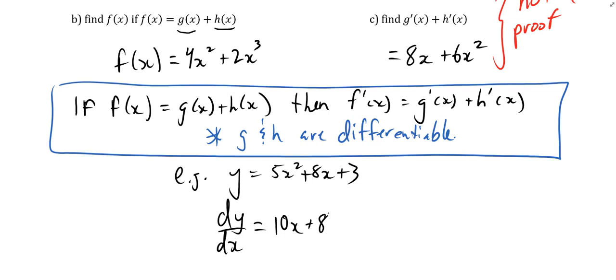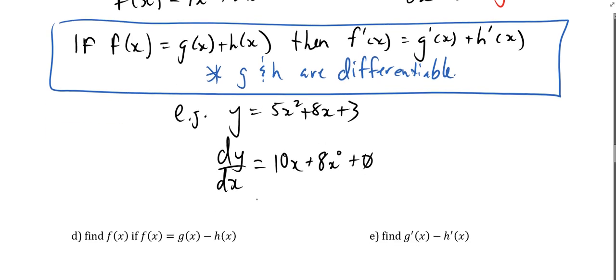I take the 1 down. 1 times 8 is 8. Subtract the exponent. So it's x to the 0. What's x to the 0? Anything to the 0 is 1. So the variable's gone. And what is the derivative of a constant? 0. So plus 0. In fact, I'm going to write that down, x to the 0, just so we've got it. But again, we would skip that part. 10x plus 8.